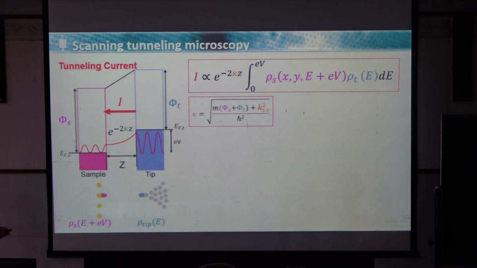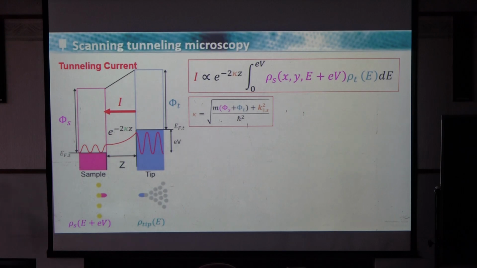We can use the atomically sharp apex of the tip to approach the surface and get the tunneling current. The tunneling current is proportional to the integral of the density of states of the sample times the density of states of the tip, over the energy level we set.